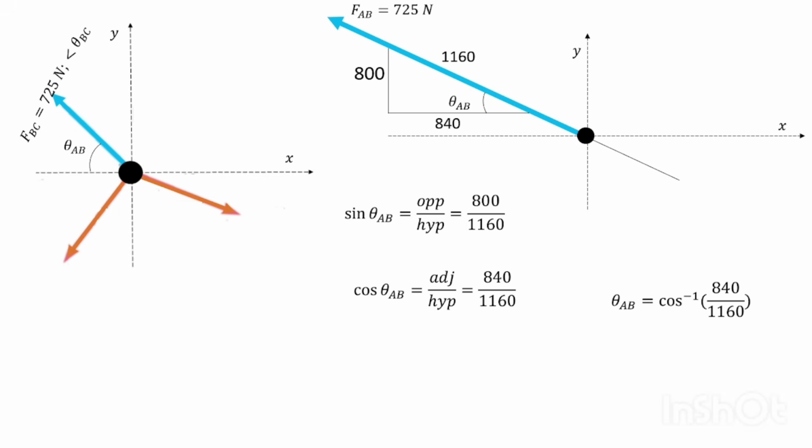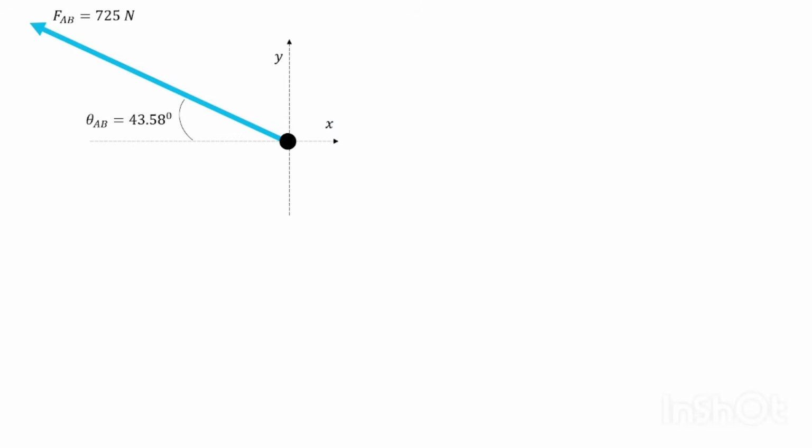Knowing this, we can easily find our theta AB, the angle it makes with the horizontal, by finding the arc cos of 840 divided by 1160, and that will give us 43.58 degrees as the angle that this string AB is making with the horizontal.